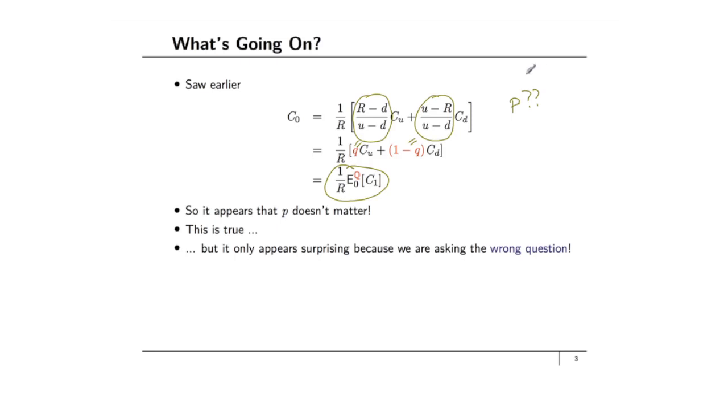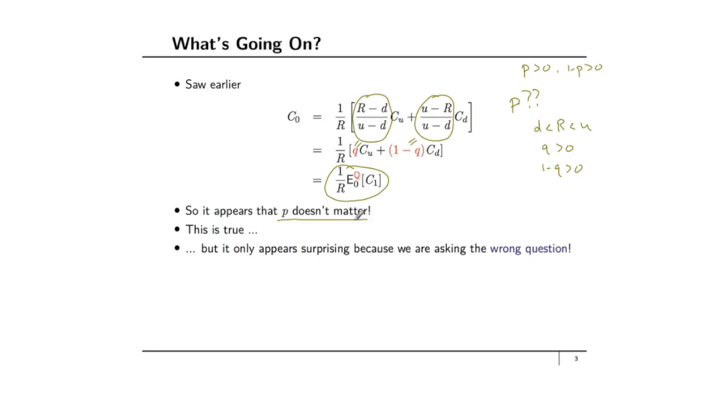The only assumptions we made about P was that P is greater than 0 and 1 minus P is greater than 0. Likewise, with no arbitrage, we know that D is less than R is less than U, so that Q is greater than 0 and 1 minus Q is greater than 0. Okay, so it appears that P does not matter.